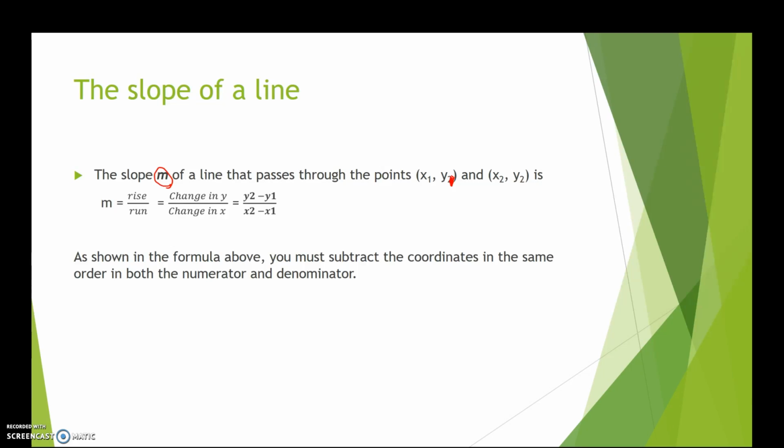So you have the change in y, taking your y2, subtracting it from your y1 over your x2 minus x1, and that'll help you graph your slope of the line. As shown in the formula above, you must subtract the coordinates in the same order in both the numerator and denominator. So make sure you write all this down, and let's get started with some examples here.